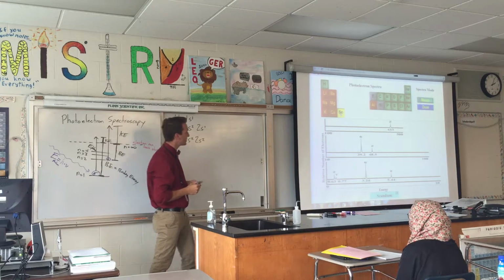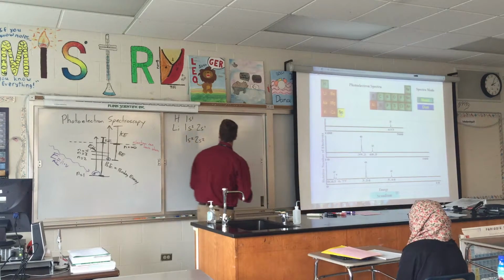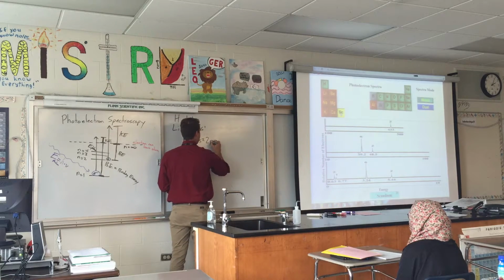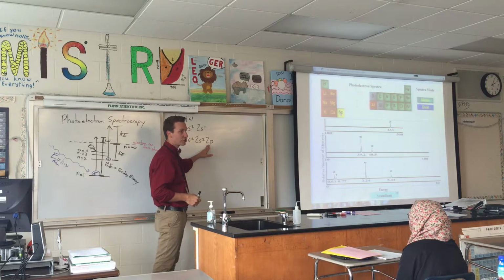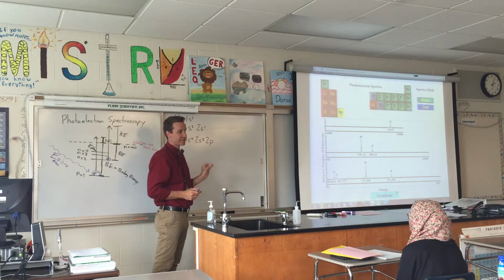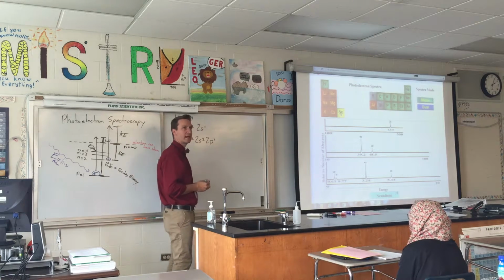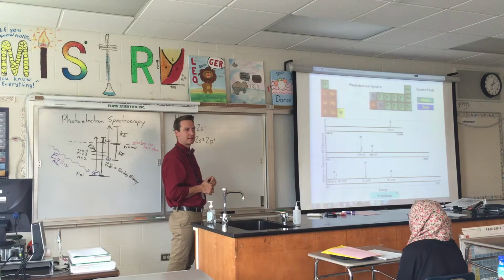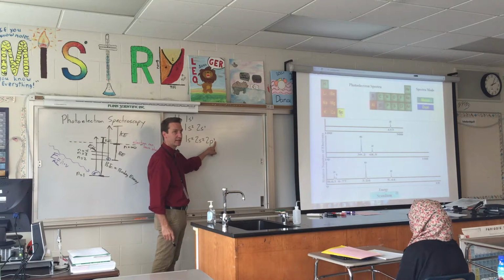After we fill the 2s, that was this peak, then we started to see this peak appear. Because it has a different shape, we call it a different subshell. That's the p subshell. Second shell, p subshell, and it can hold a maximum of 6. It doesn't have to hold 6. If it just holds 1, that would be 2 electrons here, 2 electrons here, 1 electron here.